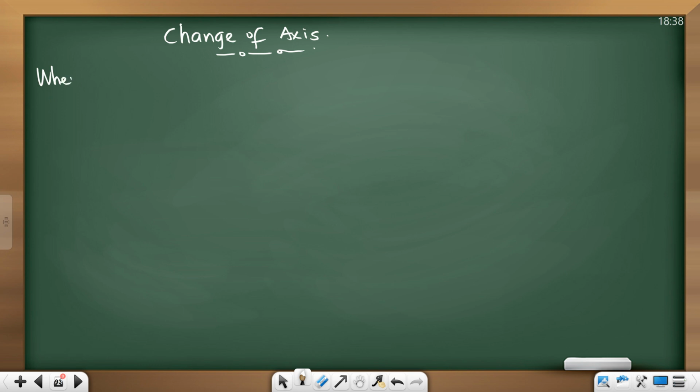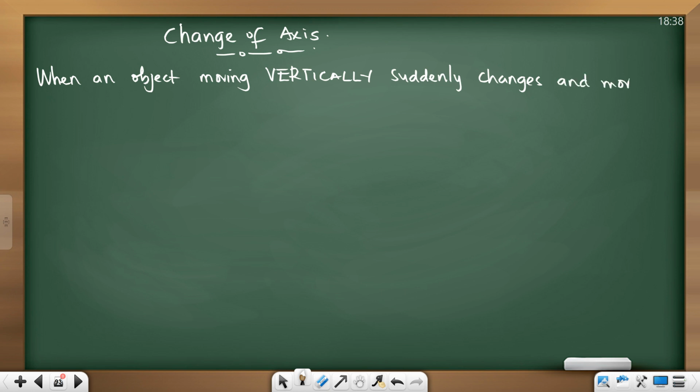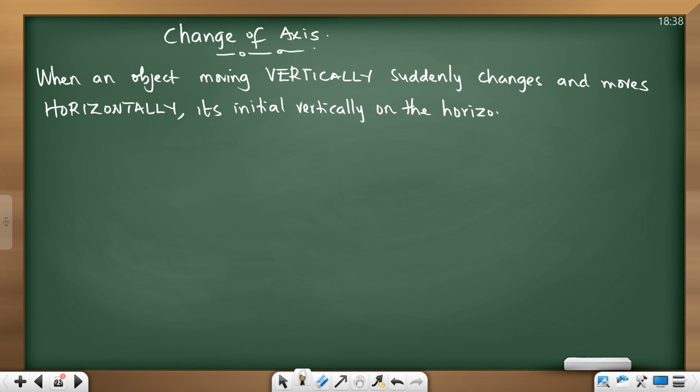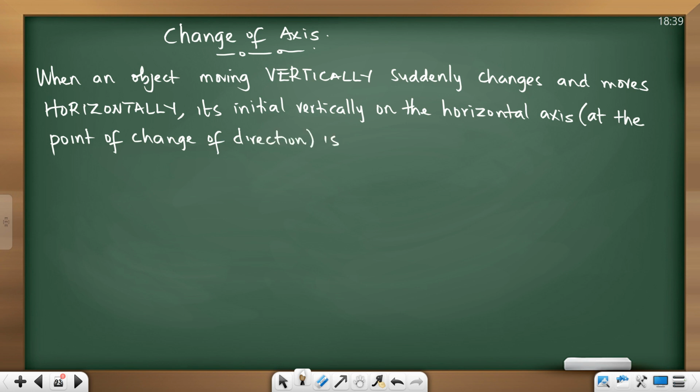When there is a change of axis, I'll tell you what I mean now quickly. When an object moving vertically, I'll write this in capital, suddenly changes and moves horizontally, its initial velocity on the horizontal axis, that is, at the point of change of direction, is 0.